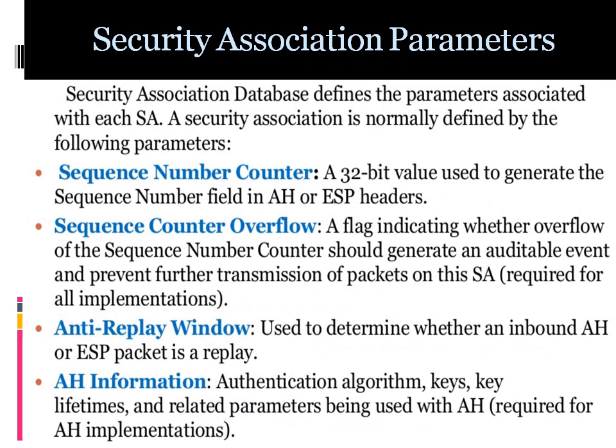So the security association is normally defined by the following parameters, namely the sequence number counter, which is a 32-bit value used to generate the sequence number field in AH or ESP headers. Then the next parameter is sequence counter overflow, which is nothing but a flag indicating whether overflow of the sequence number counter could generate an auditable event and prevent further transmission of packets on this SA.